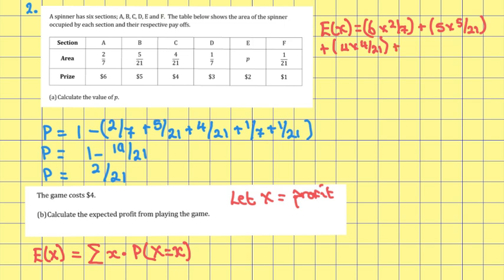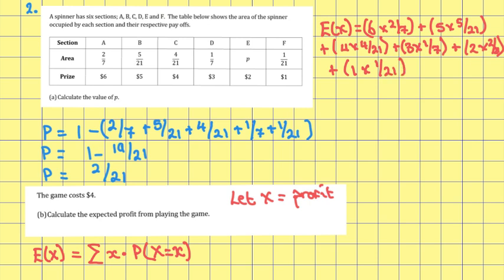plus 3 times 1/7 plus, well, we know what P is, so we've got 2 times 2/21 plus 1 times 1/21.